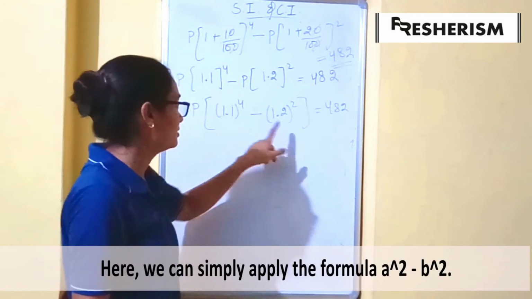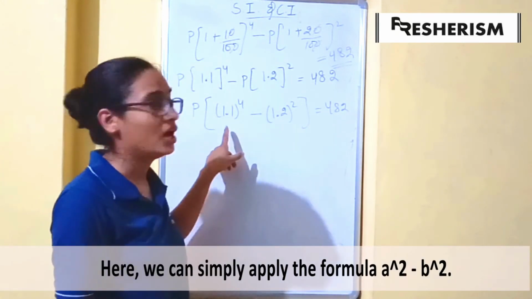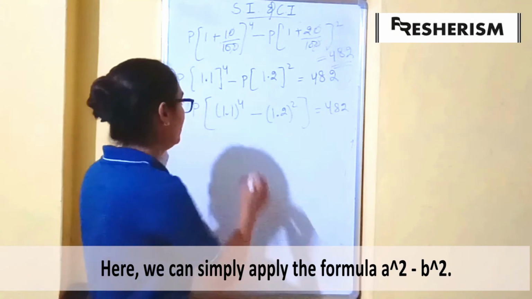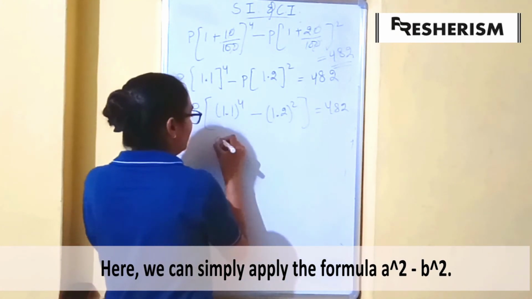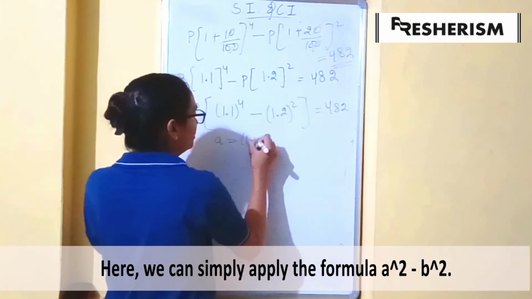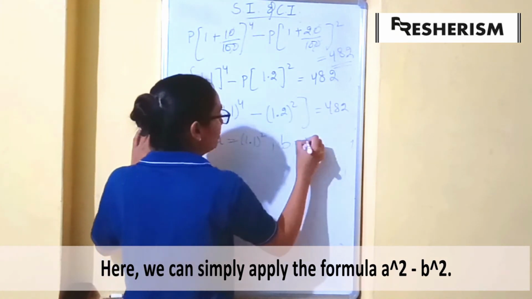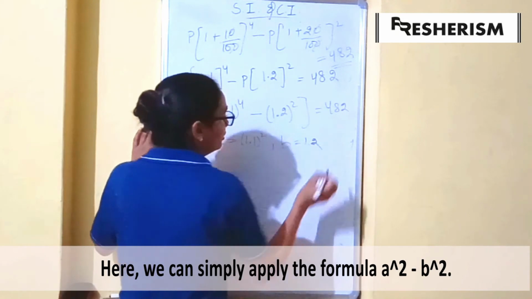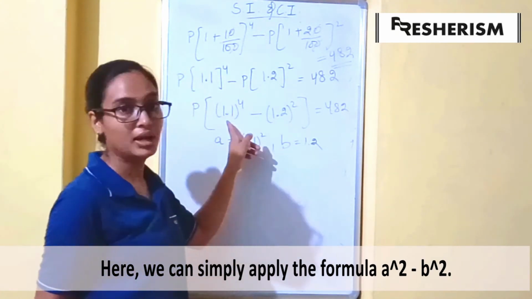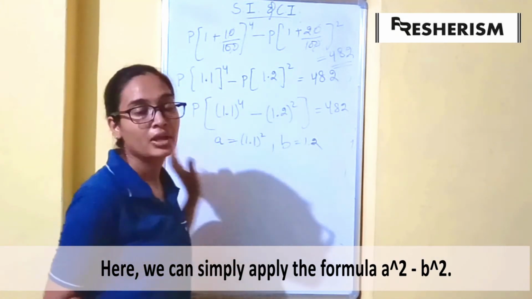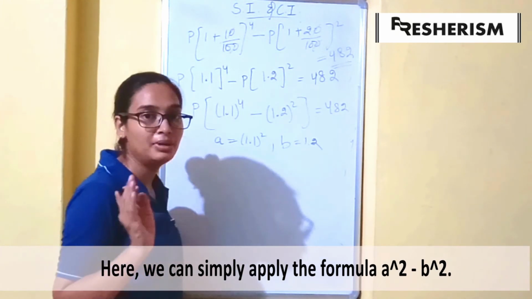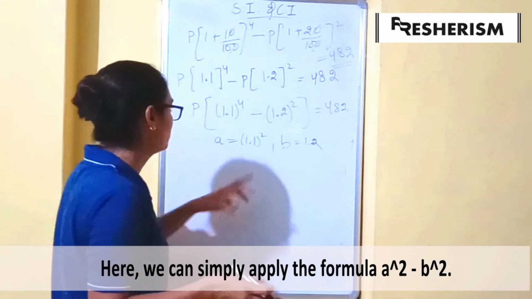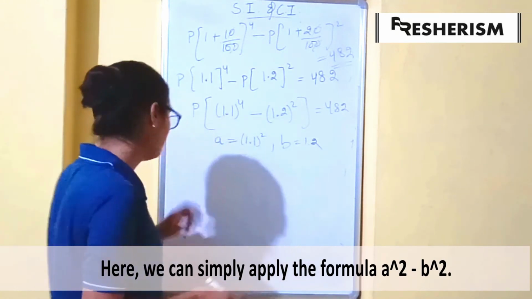Now we can see that it becomes the formula a square minus b square. If we take a as 1.1 square and b as 1.2, then it can be formed as the formula a square minus b square. We know that a square minus b square equals a plus b into a minus b, so we are going to use that here.